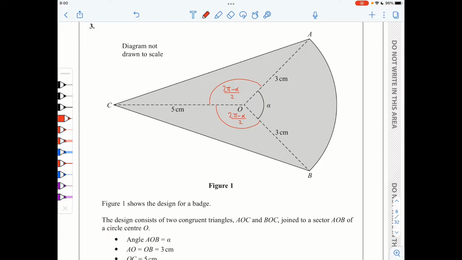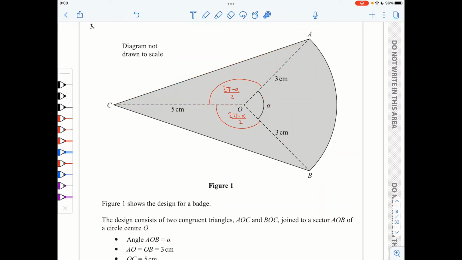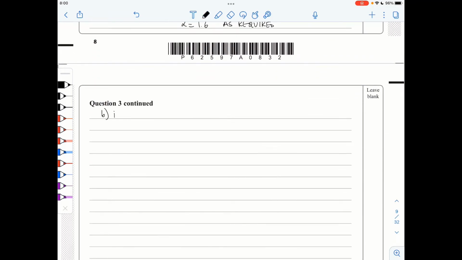So, to find the area, I know the area of the sector here, so I will simply be adding twice the area of this triangle, and I'll be using a half ab sine C to do that. So, the total area for part B will be 2 times a half ab sine C, so the angle in between, (2 pi minus alpha) over 2, plus the area of the sector, which was given to be 7.2.